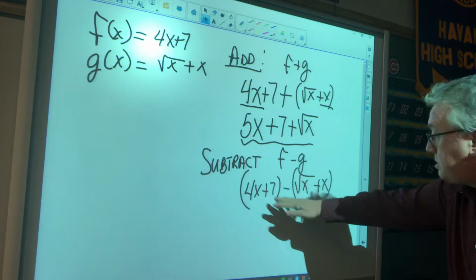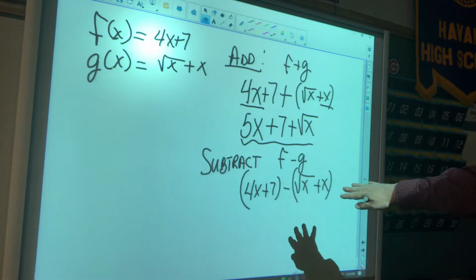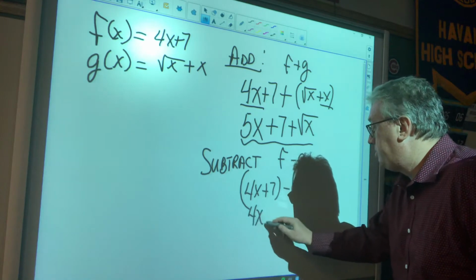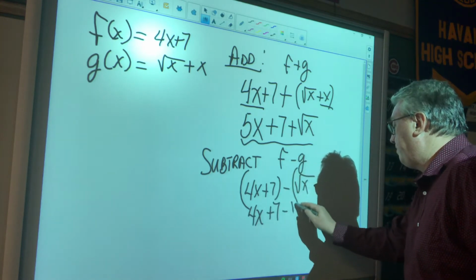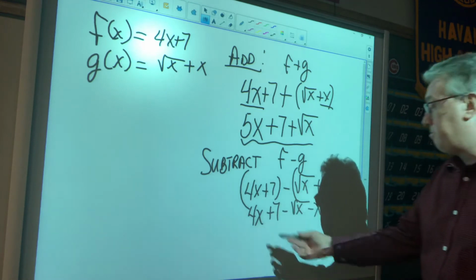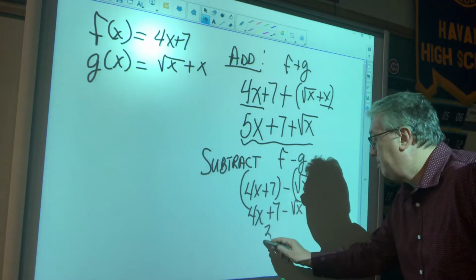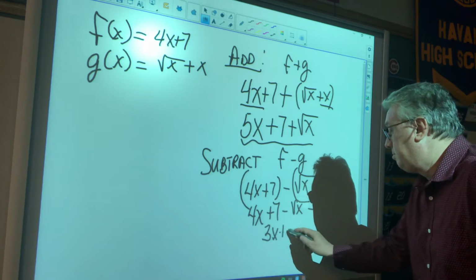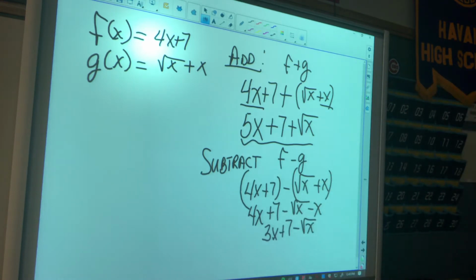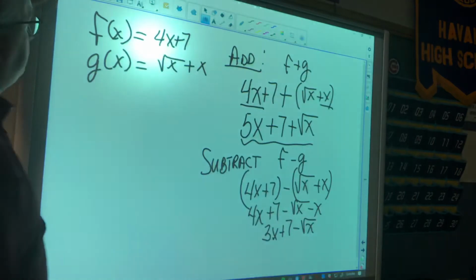Again, we're subtracting the whole quantity here, so we have to distribute the negative. Minus x. Combine like terms, 4x minus x, 3x plus 7 minus square root of x. And that is as simple as you can get with adding and subtracting those functions. Okay?